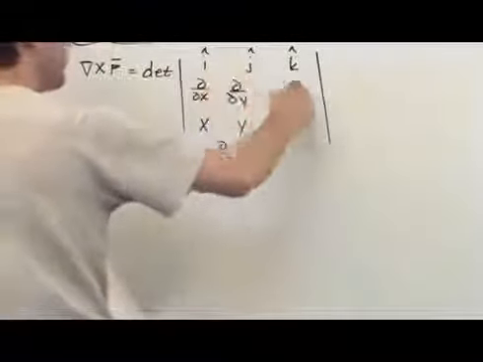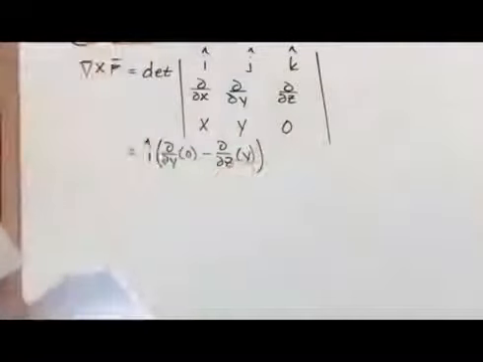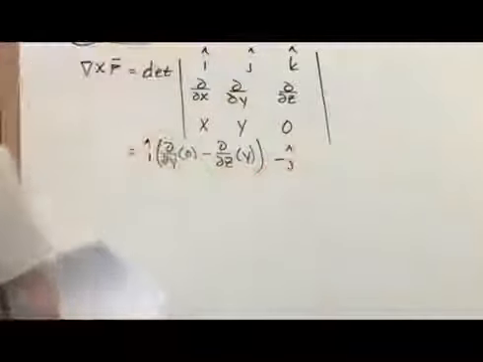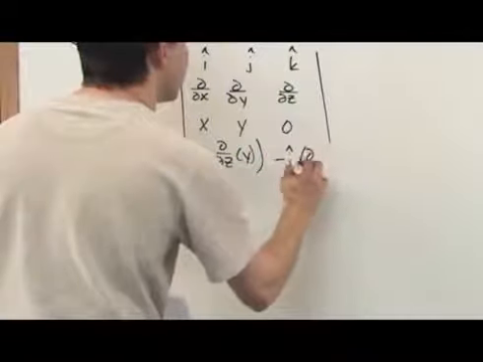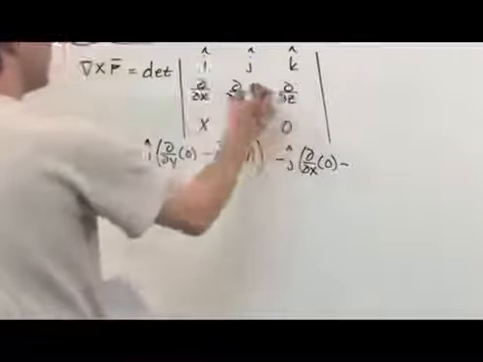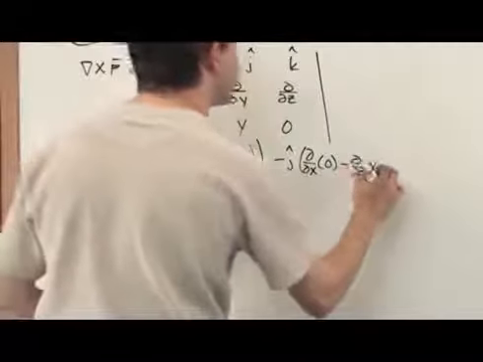So you're taking the determinant of this minus this, okay? We'll evaluate it all later. Let's continue on. Minus j, anytime you work on the j component, you have to put a negative sign. We're going to cross this out, and this out, so you have the partial with respect to x of 0, minus, because you're doing this one and this one, minus these two, partial with respect to z of x. Okay?